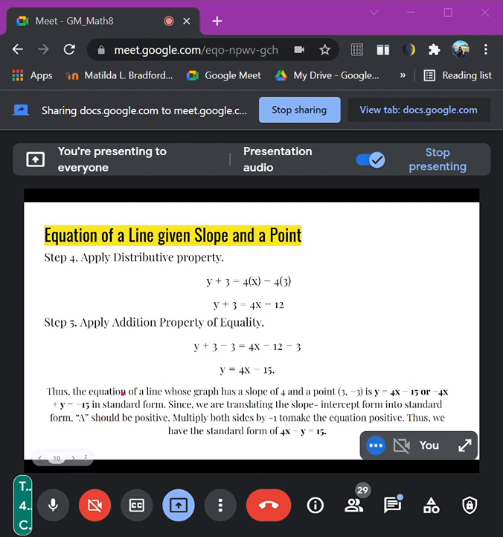Okay? So, since it is negative, as we said in our standard form, it should be positive. So, you can divide both sides by negative 1. So, we can have the standard form as 4x minus y is equal to 15. So, that is now your equation of your line.